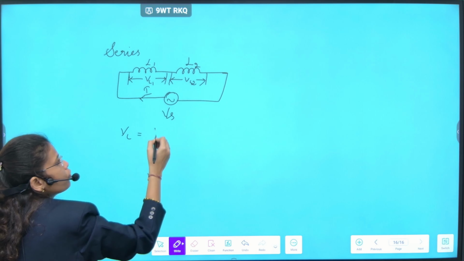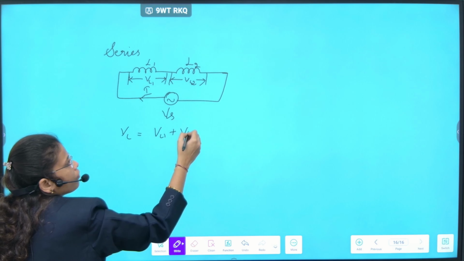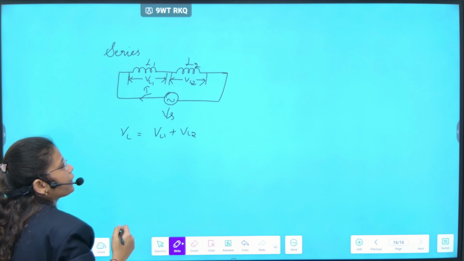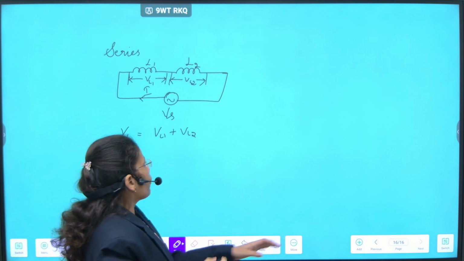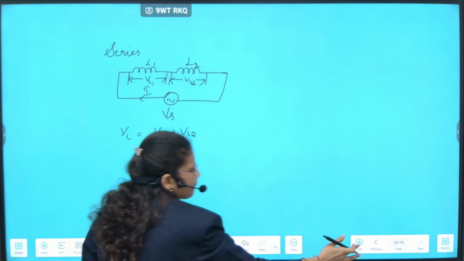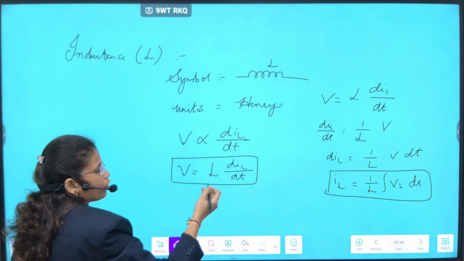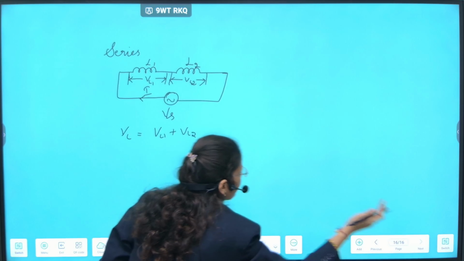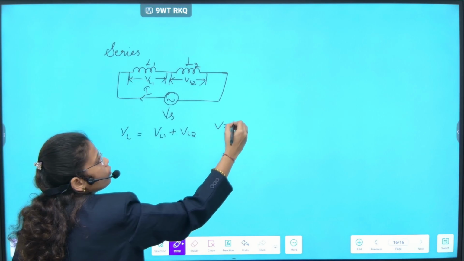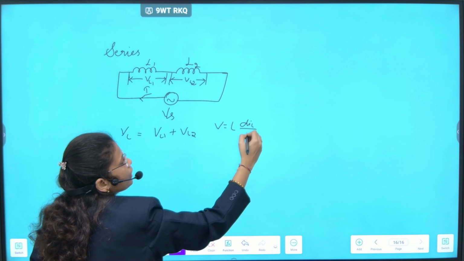VL is equal to VL1 plus VL2. From Ohm's law, we can write as previous. What is the voltage formula? V equals L di by dt.